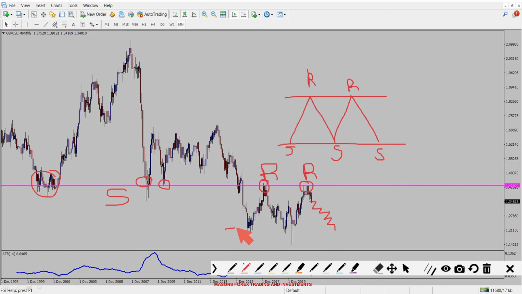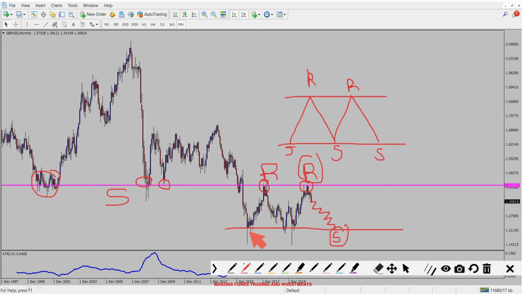Now, if you had to draw a level approximately there, you can see that this pattern here looks very similar to this pattern. Hence, our prediction is, from this resistance level here, this R, the price could actually go to this support level here.